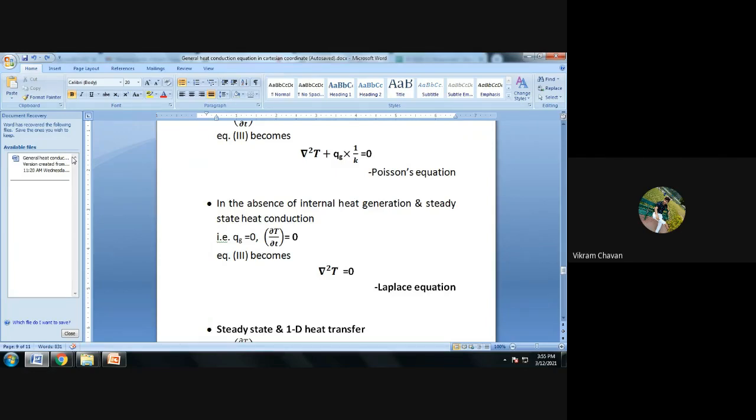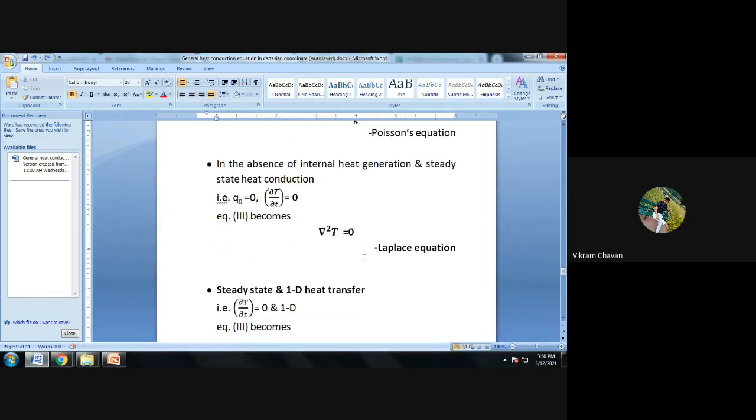And if you consider both cases, the absence of internal heat generation and steady state heat conduction, then whatever equation we get is called a Laplace equation. Remember these conditions and the equations also. All things are important.